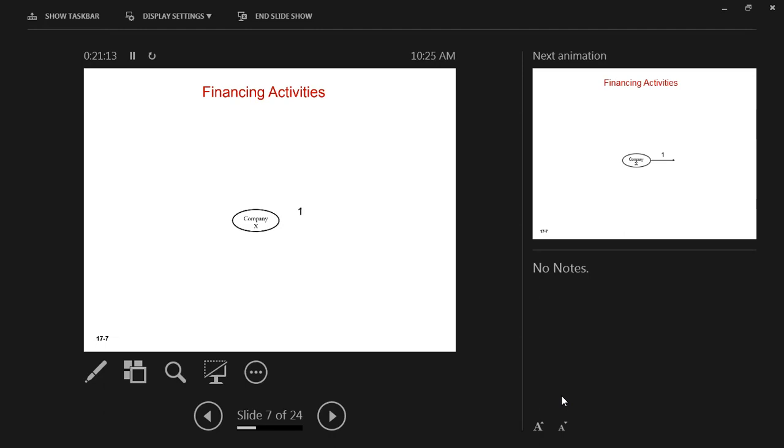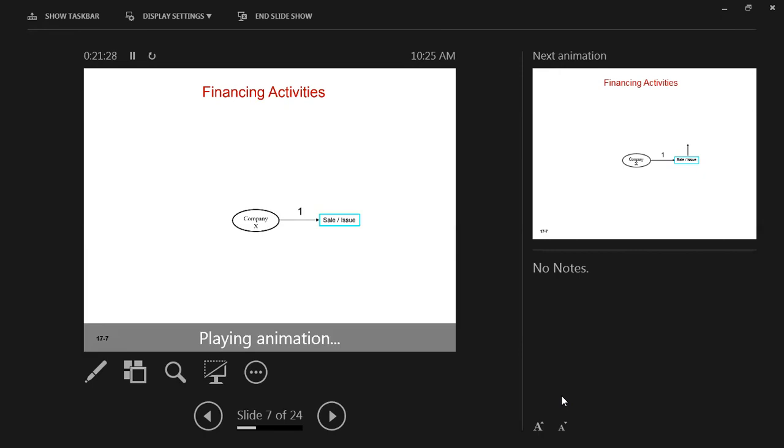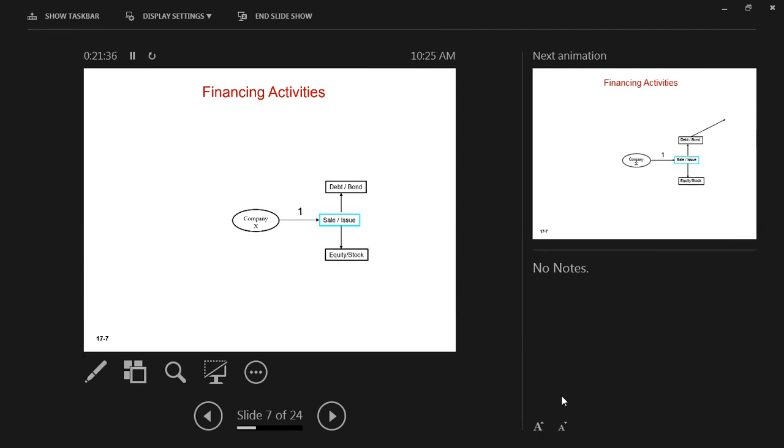Look at the example. Company X now issue or sell. Your company is going to sell bond, or your company can sell some stock. Do you understand?